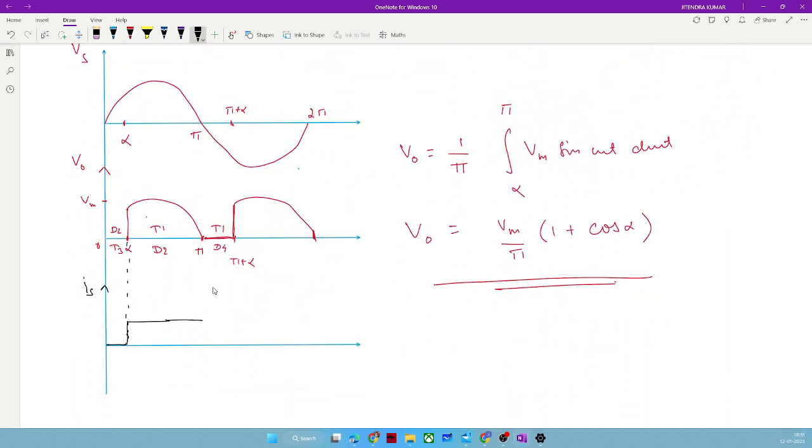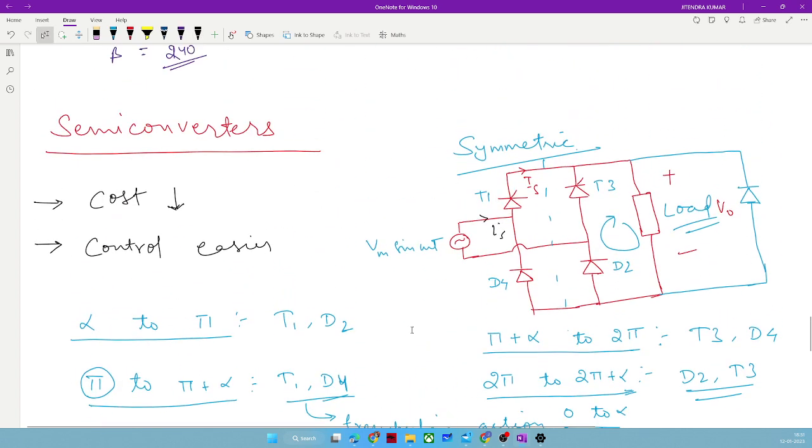Again, from pi to pi plus alpha, it will be zero due to freewheeling operation. And from pi plus alpha to 2 pi, IS will be equal to minus I naught because T3 and D4 are conducting. So it will go through T3 and D4.